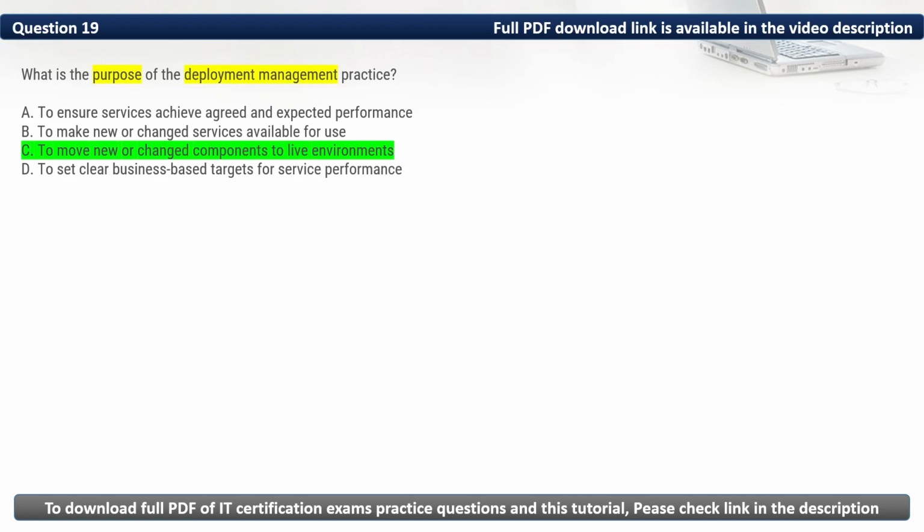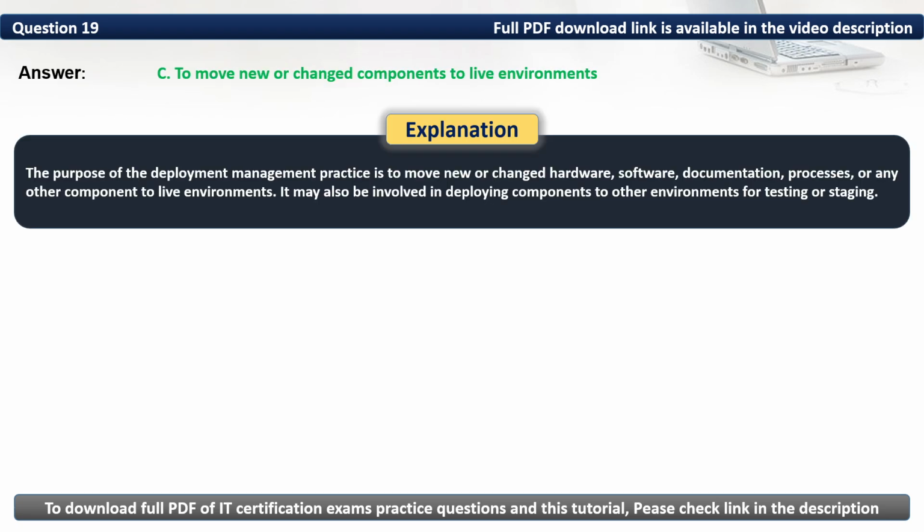Thus, the correct option is C. The purpose of the deployment management practice is to move new or changed hardware, software, documentation, processes, or any other component to live environments. It may also be involved in deploying components to other environments for testing or staging.